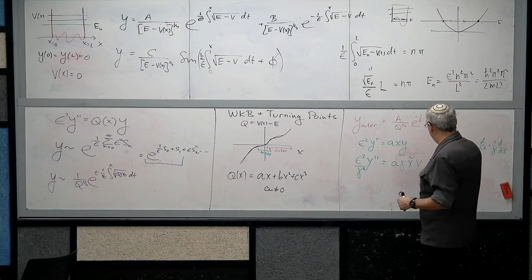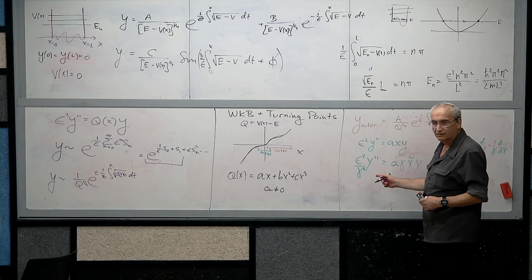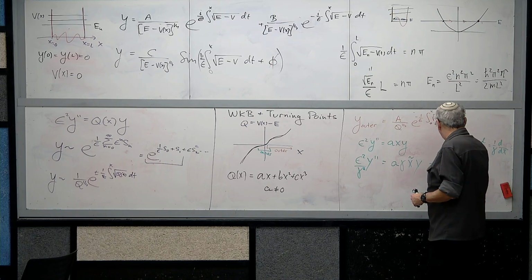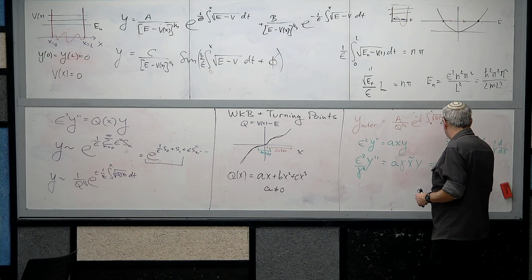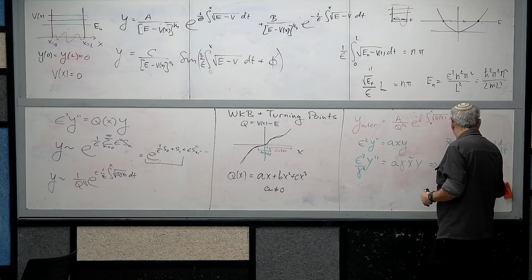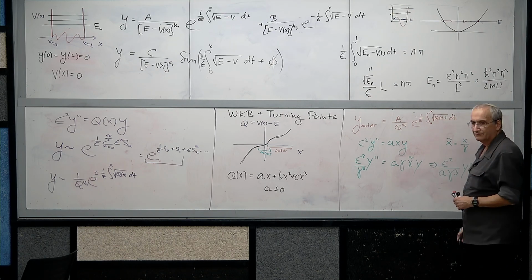So I can collect all the garbage to the left, and it gives me epsilon squared divided by a times gamma cubed, y double prime equals x tilde y.